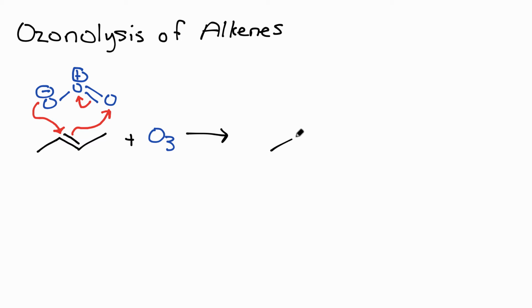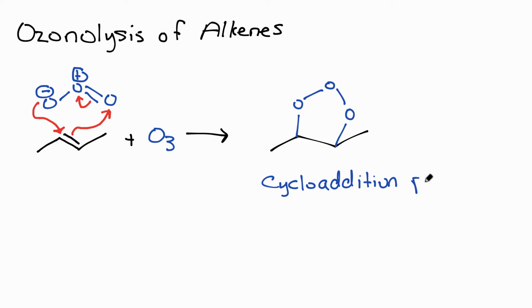When we do that, we get these carbons that were part of the alkene bonded to the ozone. This product is called a cycloaddition product, because we added the ozone across the double bond in one step and made a cyclic molecule.